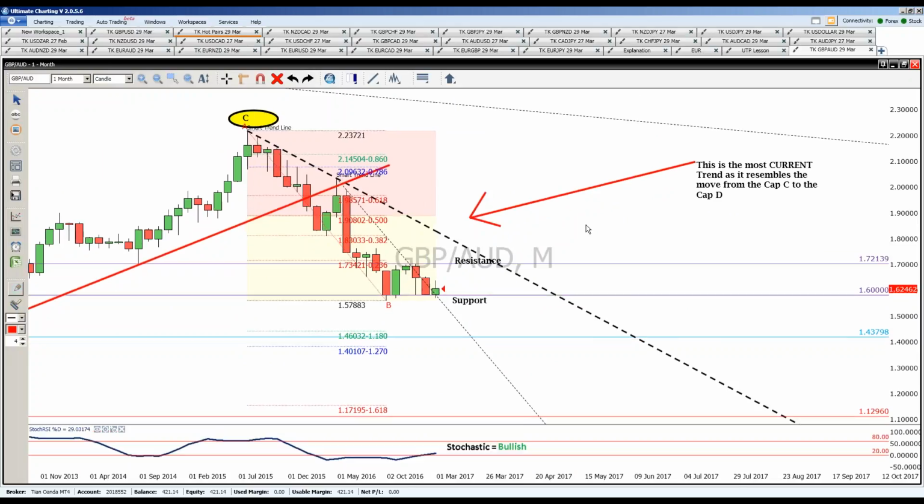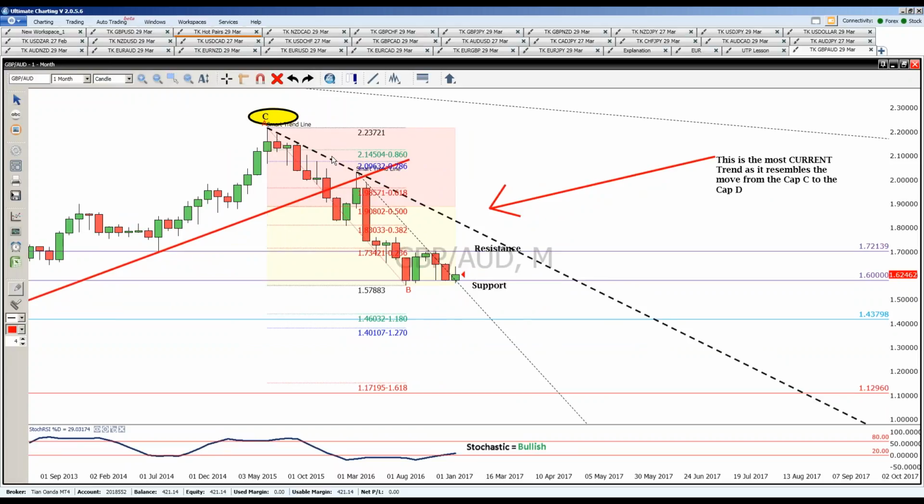Focus on the sub ABCDs on the monthly. All right. So now we have an A at 2.2372. We have a B at 1.5788.